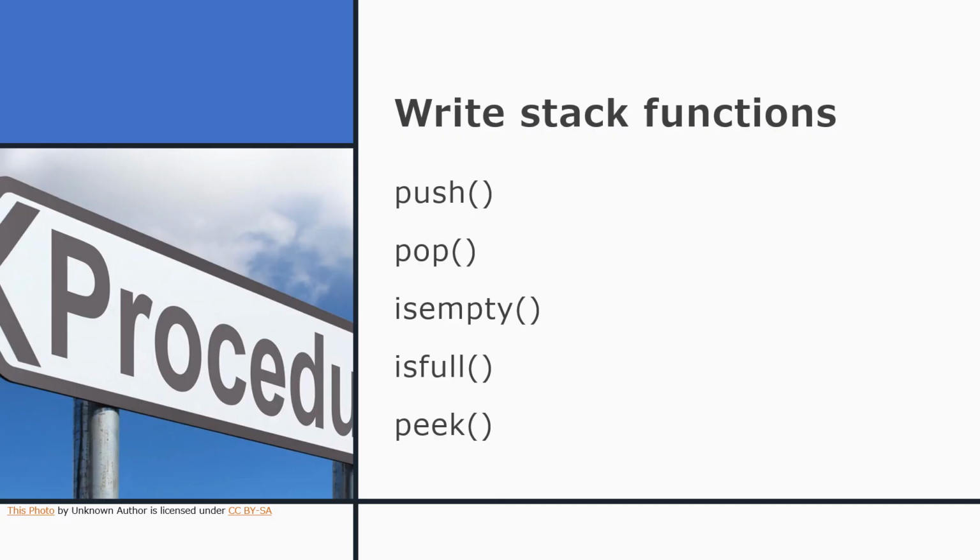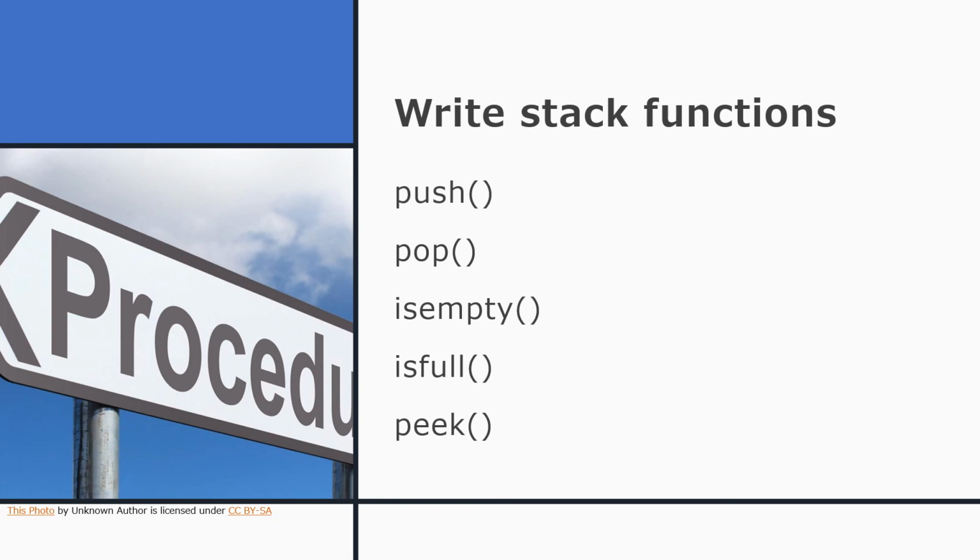Instead of adding this code inside the main program, write some stack functions: push, pop, is empty, is full, and a final stack function that some stack programs have, which is peek. Peek tells you the value at the top of the stack without deleting it, so without moving the stack pointer down.